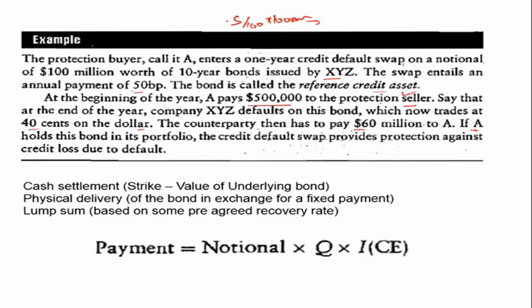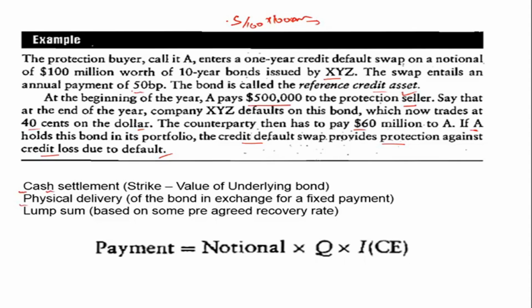If A actually held this bond in his portfolio, then the credit default swap provides protection against the credit loss due to default. Now please note, just like regular derivatives, a credit derivative can also either be cash settled or there may be a physical delivery.